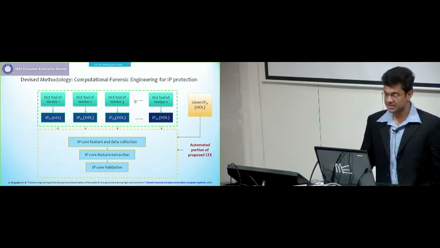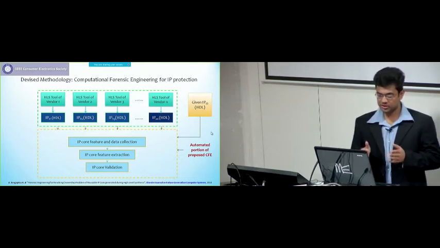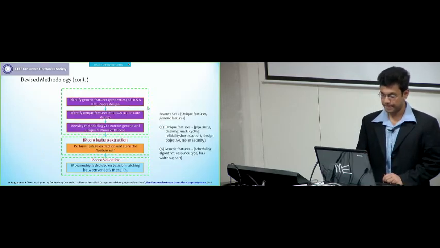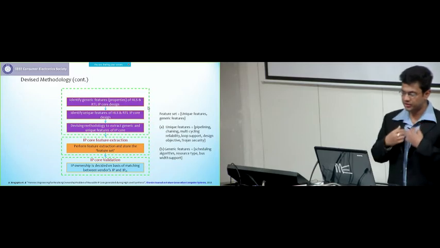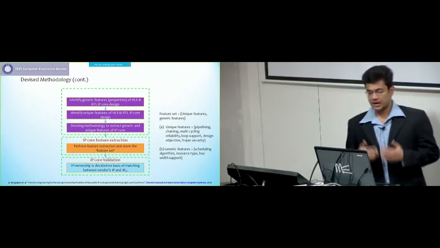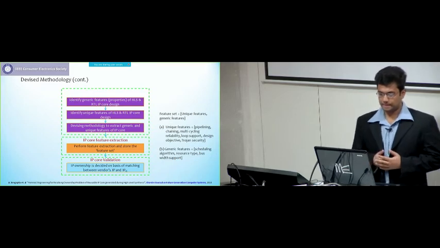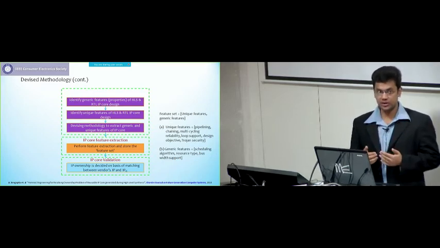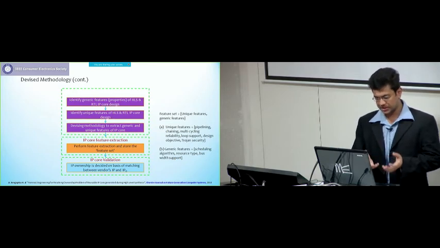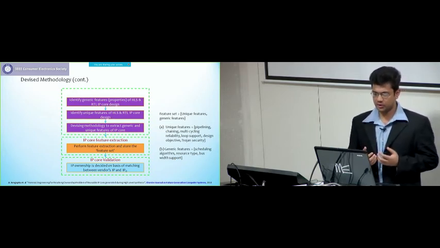Each of these HDLs along with the HDL of the given IPID is fed into the proposed automated computational forensic engineering method. What we do is first identify the generic features of HLS and the RTL IP core design, and we identify the unique features of the HLS and RTL IP core, and then we start devising a unique methodology for extracting the features for each of these IP cores.